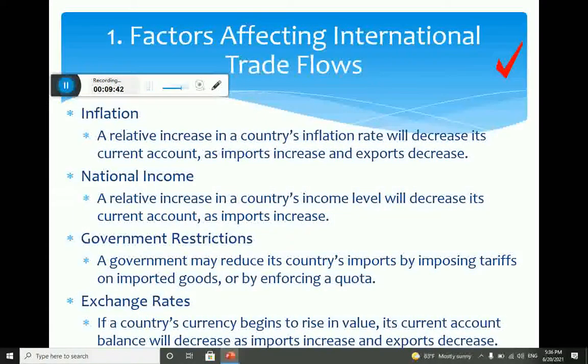For example, we will take the example of Afghanistan. If the value of the Afghani increases against the dollar or against the Pakistani rupee, the Pakistani traders will not purchase Afghani products, because before they had, for example, 1 million Pak rupees.